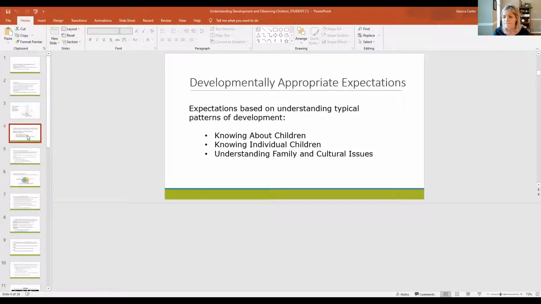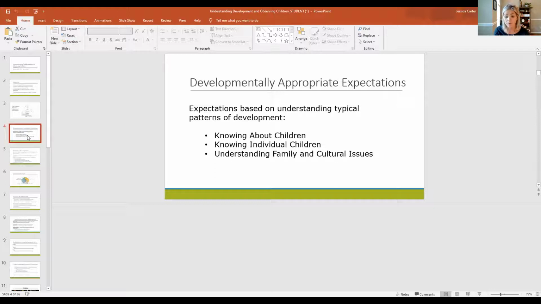Finally, when we think about how we understand family and cultural issues as they relate to guidance and our interactions with children, here are some things to be aware of. From infancy, children are absorbing the values and expectations of their families and also the broader culture. How we dress, how we talk, how we respond to others, our specific mannerisms are all influenced by family and society.